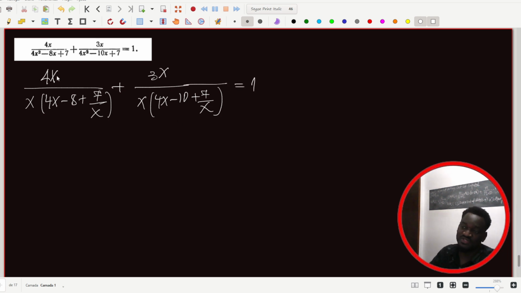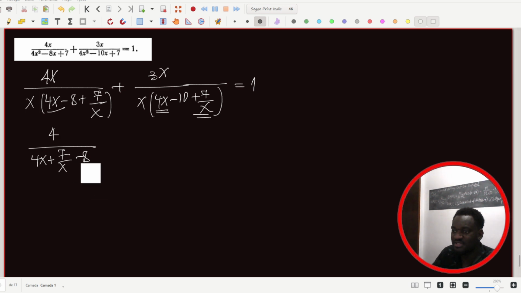Okay guys, now you can see that this x and this one dividing, we're going to get 1, and this one dividing by this, we're going to get 1. So we're going to have 4x here plus 7 over x, the same thing here. We're going to write this as 4x plus 7 over x minus 8, right?